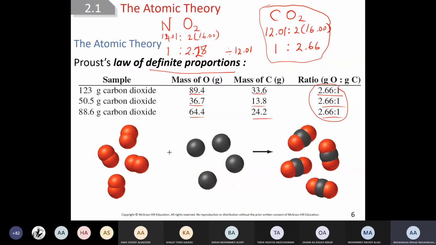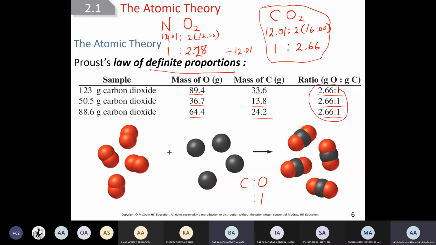Do we always compare the one of the bigger mass over? Not necessarily. You don't have to. If you want, you can do it otherwise. If somebody asks what's the ratio in CO, for example, if this is 1, what will be the carbon in this case?